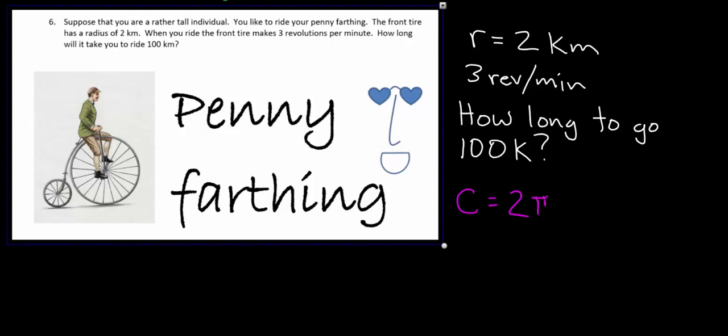Remember the circumference, 2 pi r, right? So this is 2 pi, and what was the front tire? Okay, the radius was 2. There's the distance around the tire, right? Do y'all see that? 2 pi r, that's a circumference. So this is 4 pi.